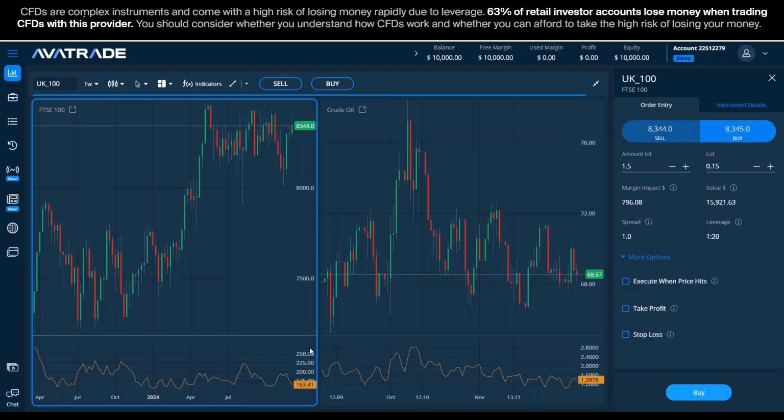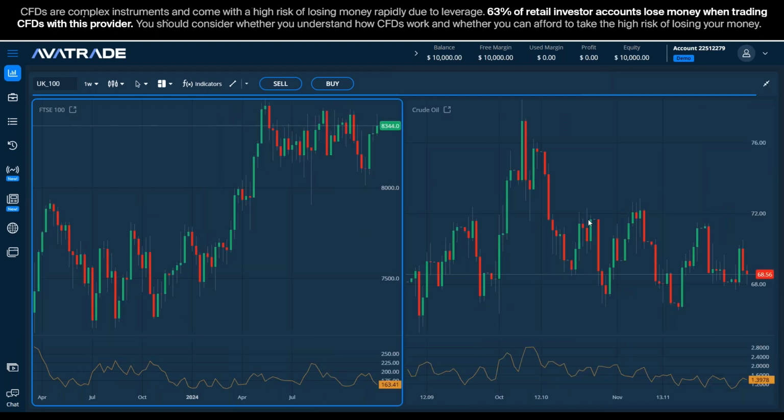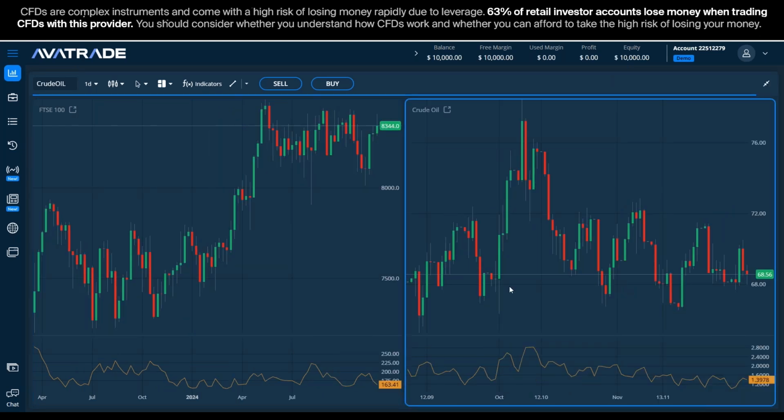And we immediately see, let's get rid of that, we can immediately see that the average movement for oil and the average movement for FTSE is completely different. Right now, I'm talking about the comparison in movements and not percentage to its own value. Of course, if you compare the percentage, you might find some similarity, but the numbers on the chart are entirely different.